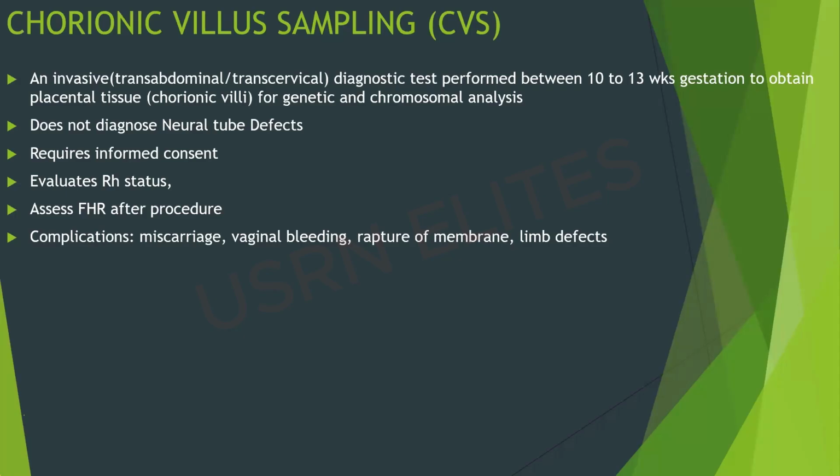The chorionic villus. So this one, we are looking at the placenta, taking a sample from the placental tissue. That's the chorionic villus. Okay. And the first one, look at it: neural tube defects.